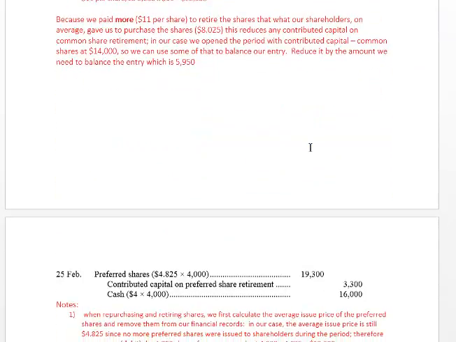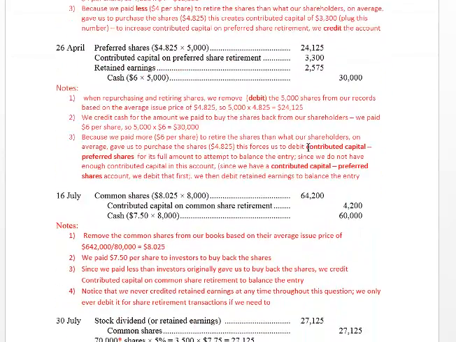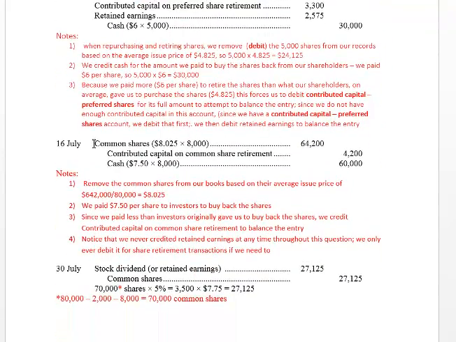So we're removing $16,050 of common share equity, and we're also, on July the 16th, removing $64,200 in common share equity when we bought back our 8,000 shares at an average issue price of $8.02 a share.